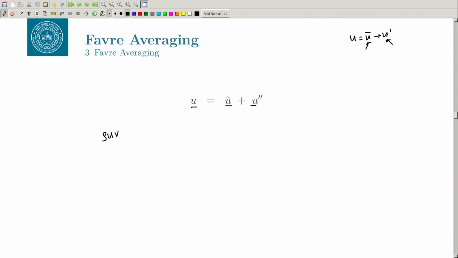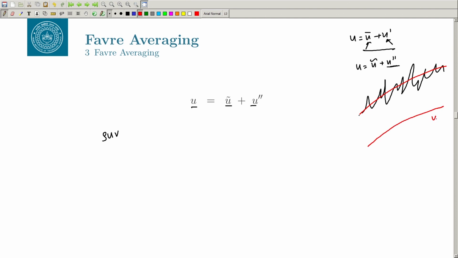Now our decomposition is different, it is the Favre decomposition. So instead of using this we are going to use u equal to u tilde plus u double prime. So this is the fluctuation. Basically if you have, let us say, a flow going like this, I am saying my Favre averaging is defined something like this. Okay, this is my Favre averaging, which can be different from the Reynolds averaging. So take that Favre averaging out.